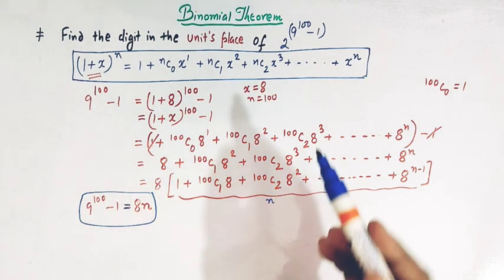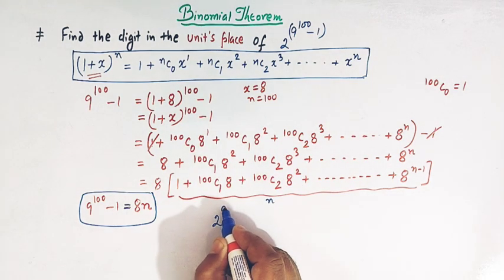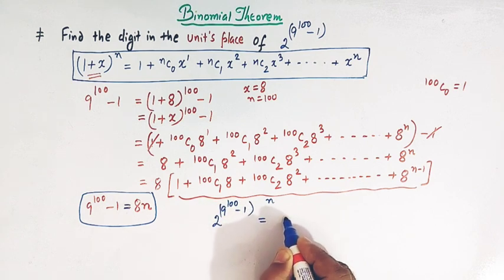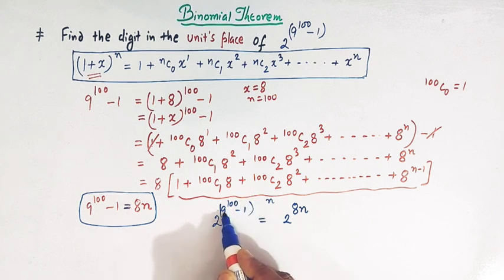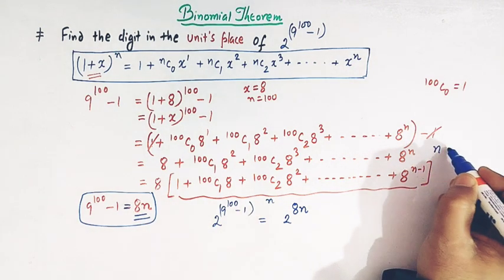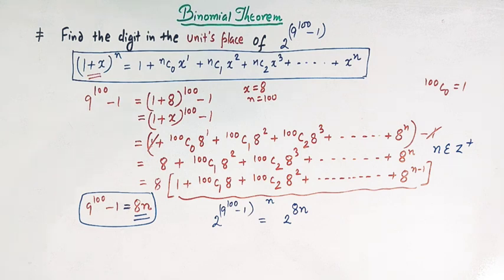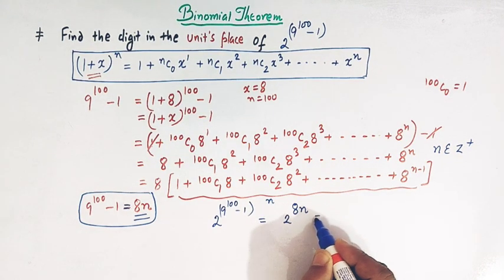So now this number, that is 2 raised to (9^100 minus 1), can be expressed as 2^(8n), because for 9^100 minus 1 we can now write 8n, where n is a positive integer.